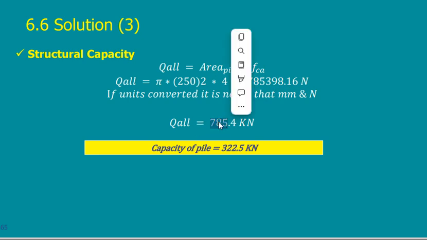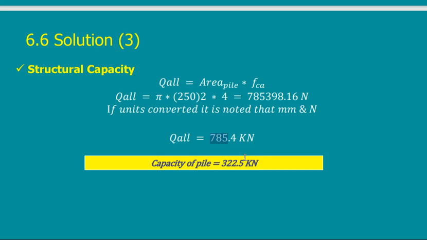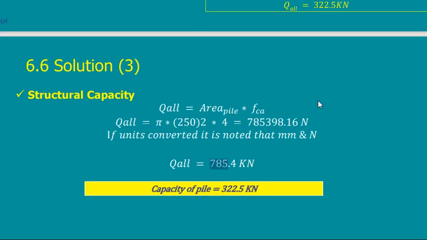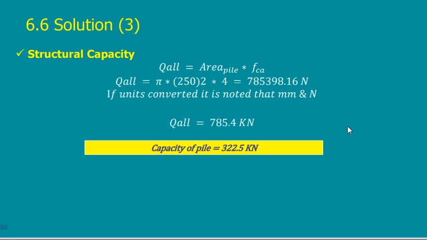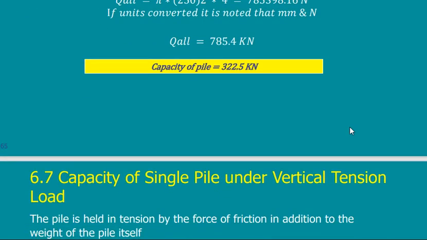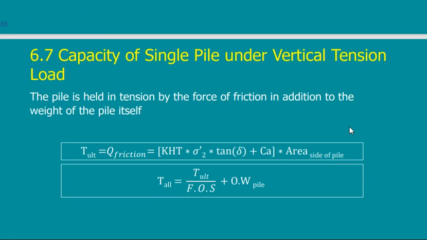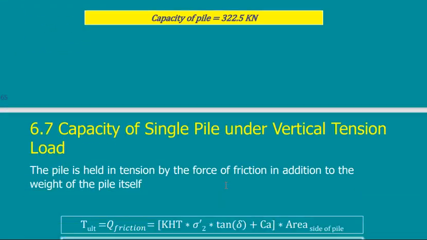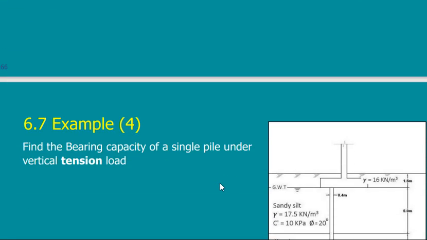The pile can carry a lot. So in this case, I will take the 322.5 as being the number that I should base my design on. So this is how we calculate these values for using the third method.